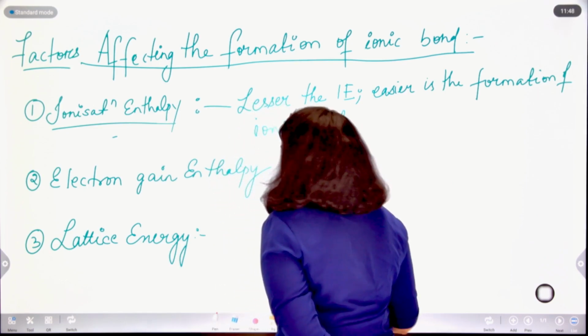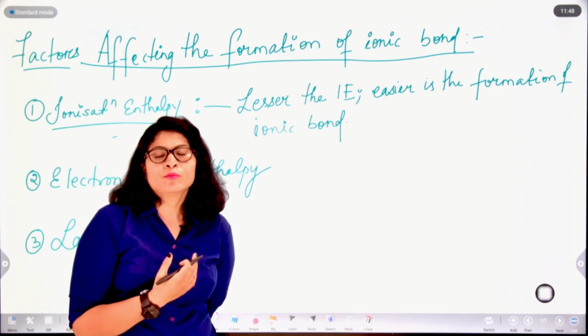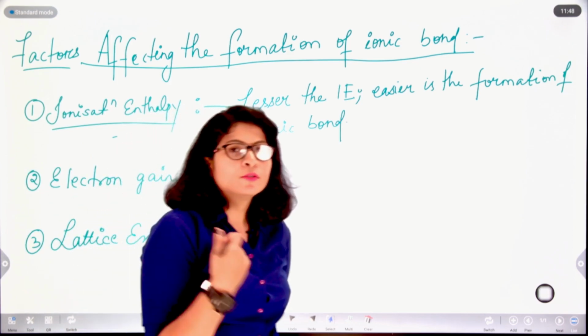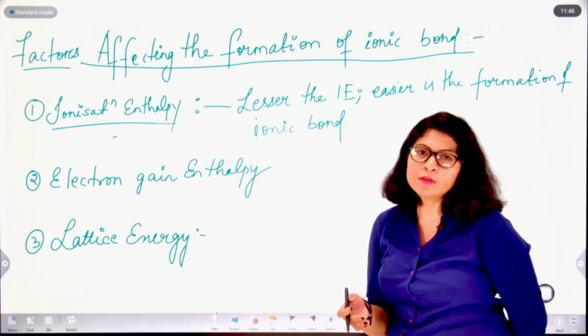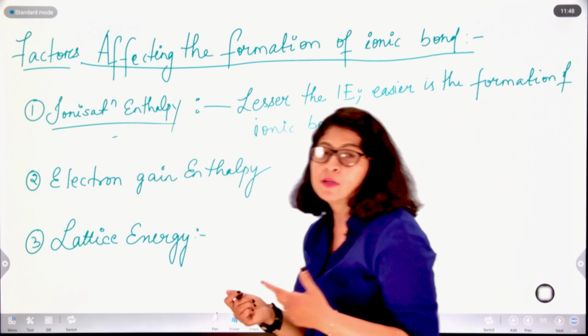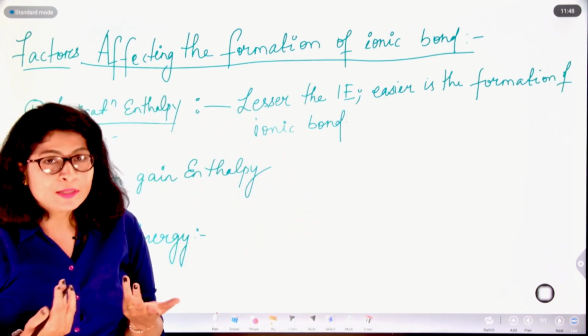If an atom is very willingly giving its electron, fine, you take my 1 electron, 2 electrons or 3 electrons, beyond that it cannot give. So if an atom can easily give its electron, then we don't have to supply that much energy, and the ionic bond will be formed very easily.